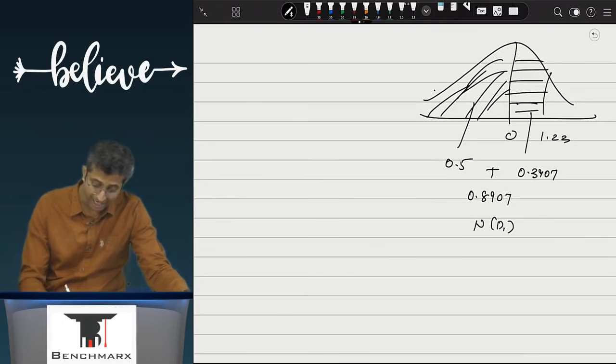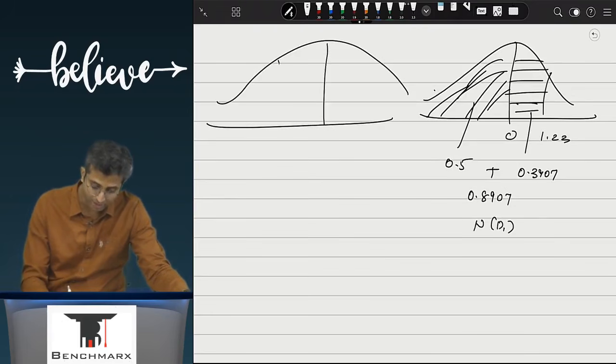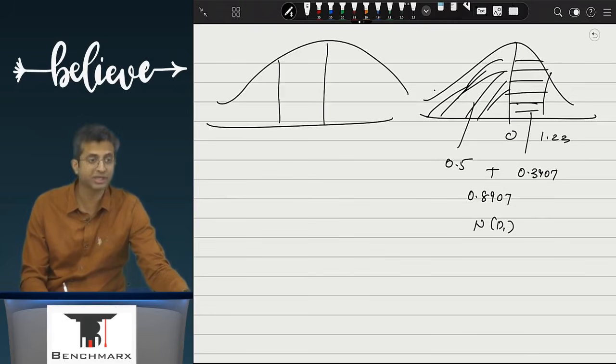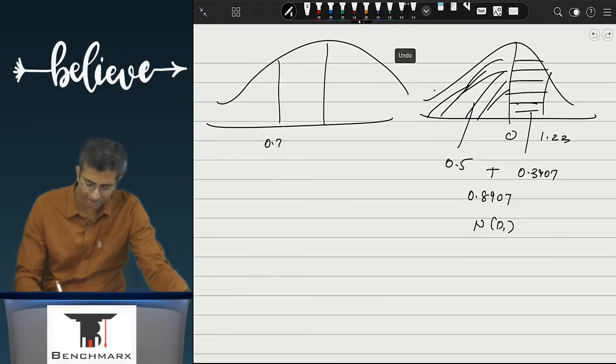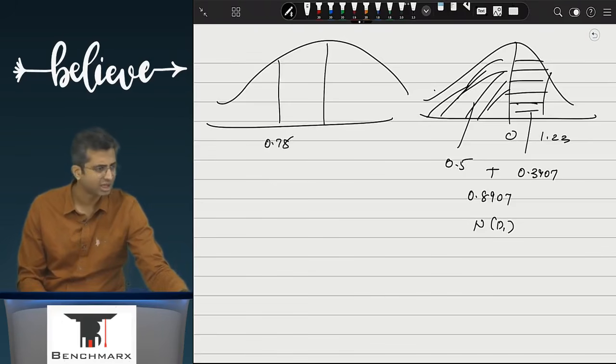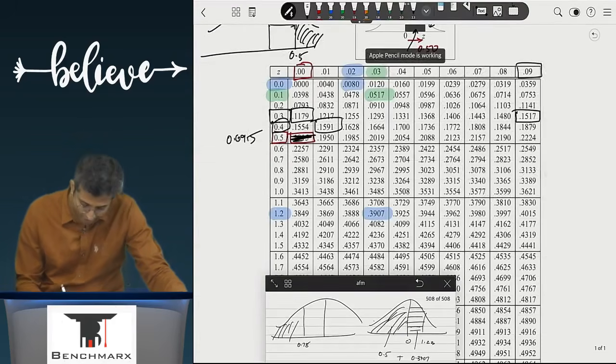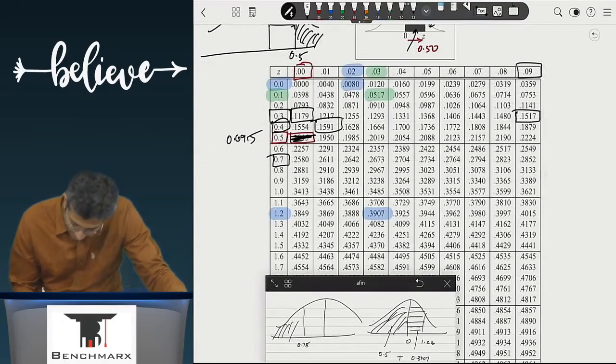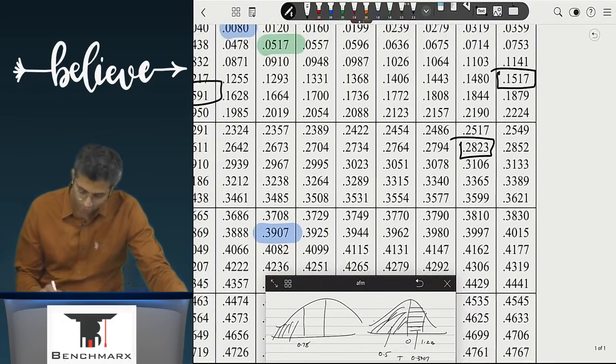Now comes ND2. Is D2 negative or positive? So it is plotted on the left hand side. This is 0.77 or 0.78. They took 0.78, so we'll just take that for ease of reference. If you take 0.78, I just need the area from the left side. If I look at the chart, 0.78 will fall somewhere over here: 0.2823.